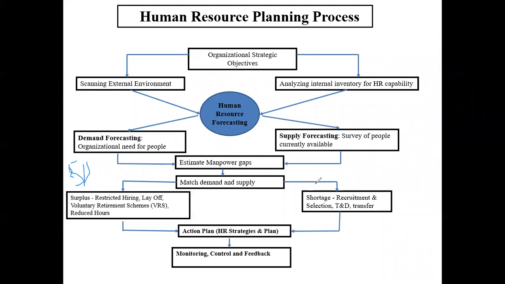So I am going to explain what I'm doing with figures so that you can put it into their right perspectives. I started by saying that in demand forecasting, we essentially try to ascertain the need for human resources in terms of their quality and quantity.